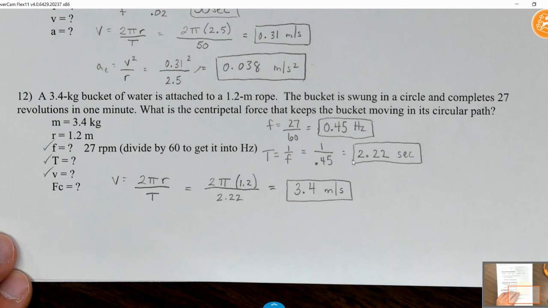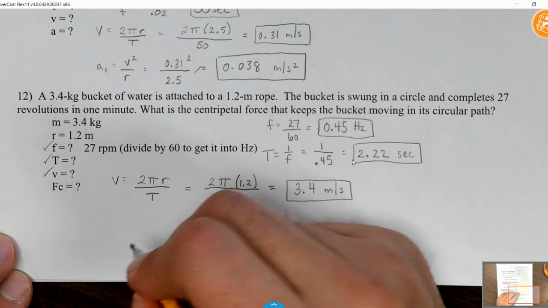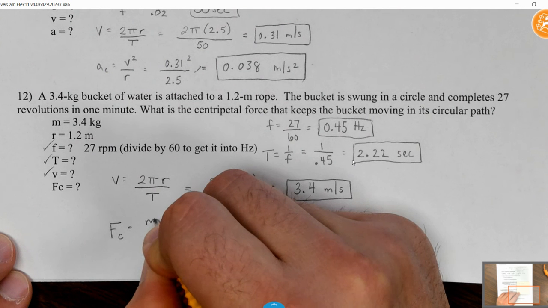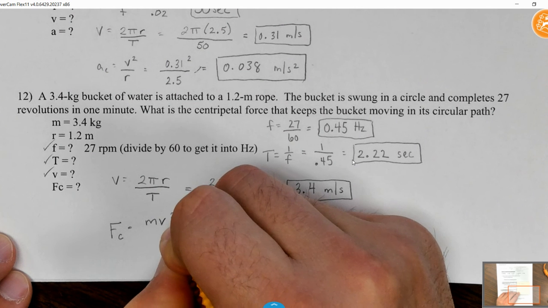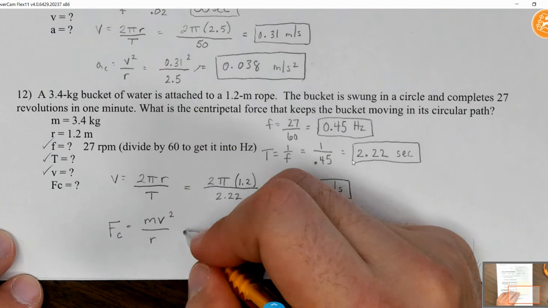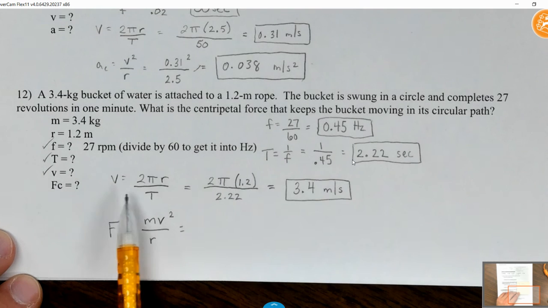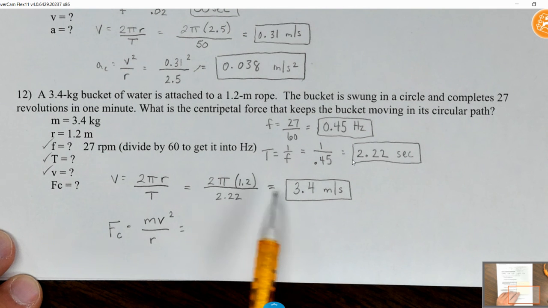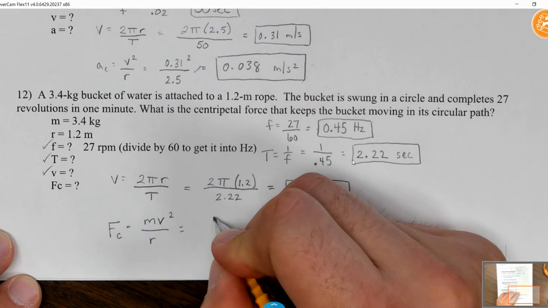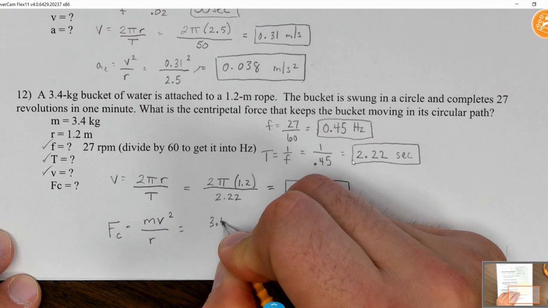And then the last one, centripetal force, which is just m v squared over r. So we have v, we just solved for it. We have r, which was given, and we have m, which was given. So you have to put them in the right spot.